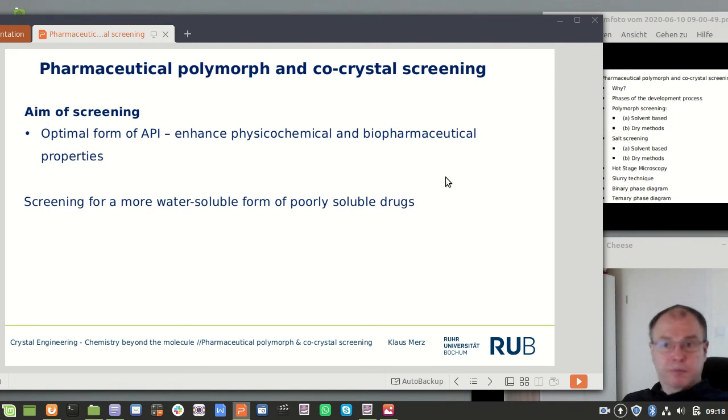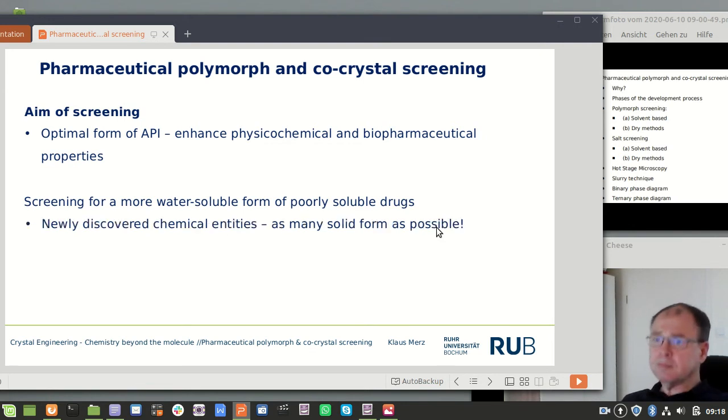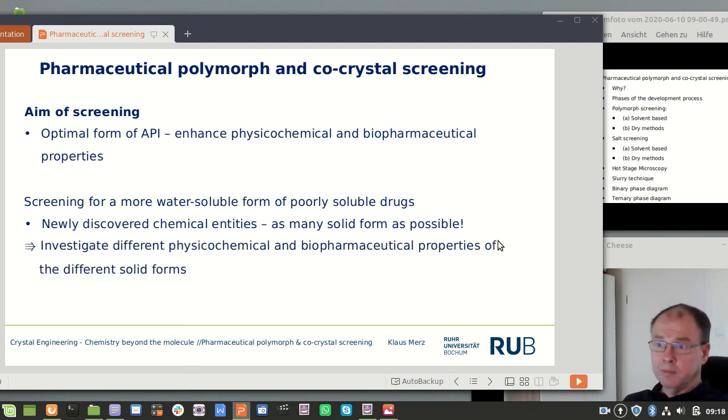For example, if the aim is a more water-soluble form, first they look for as many solid forms as possible, then have a look at the physicochemical and biopharmaceutical properties of each solid form, and check whether a form with better, enhanced properties was obtained.